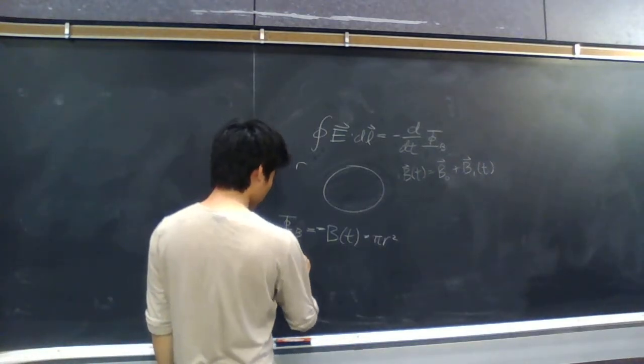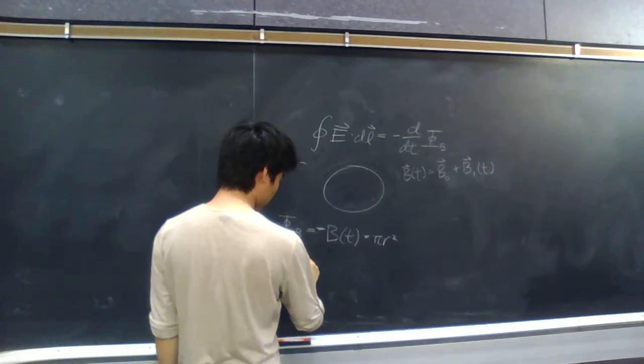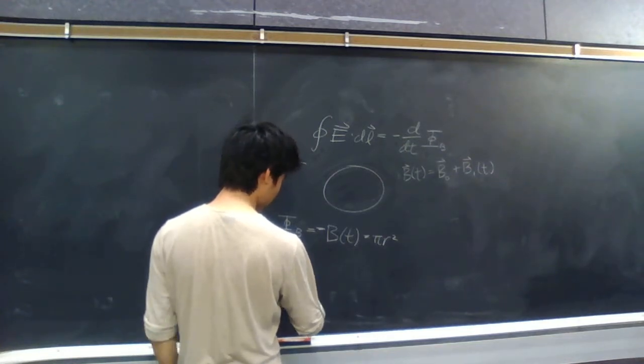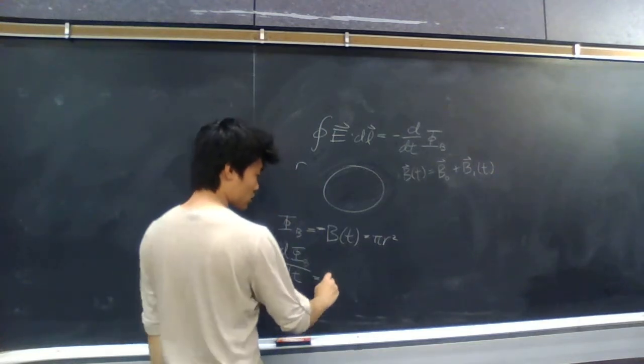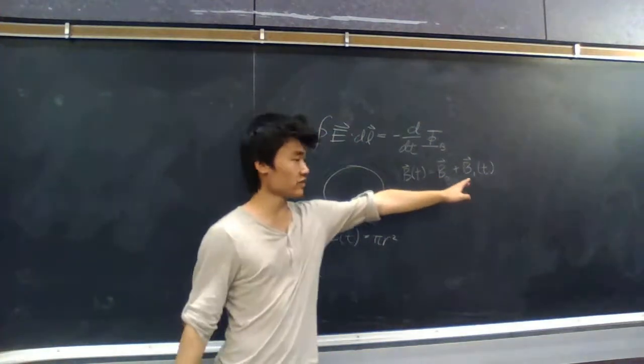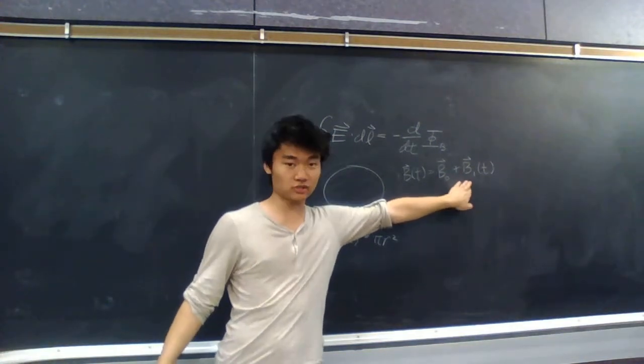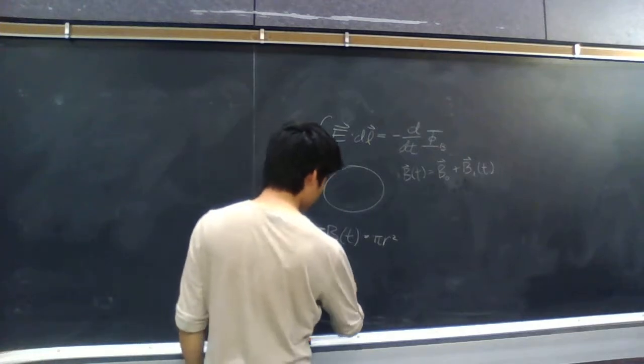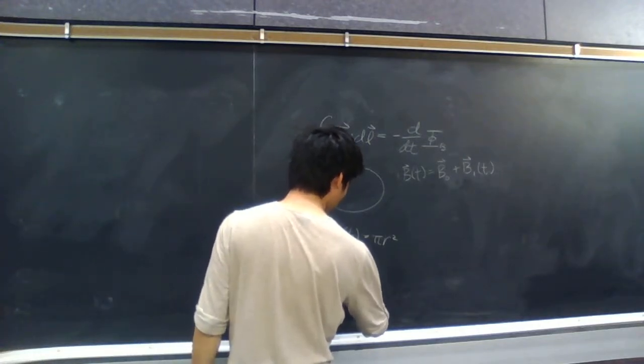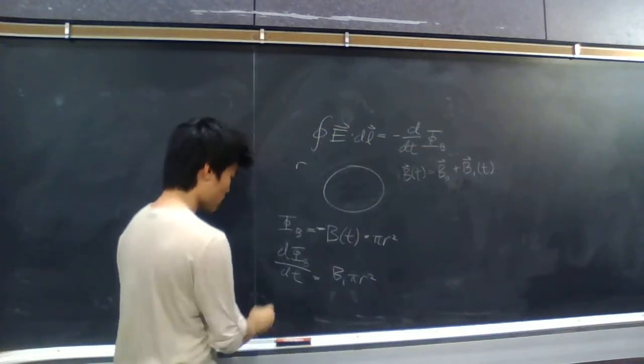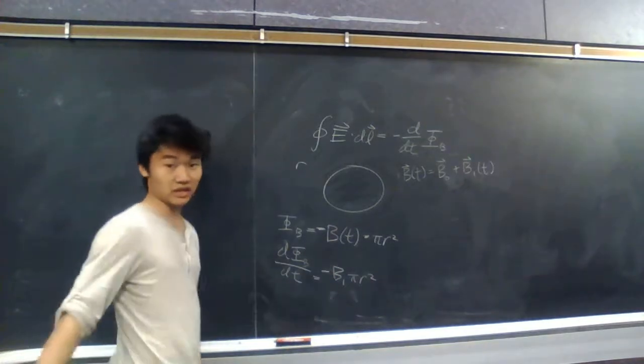Now I need the rate of change of the magnetic flux over time. What's the derivative of this with respect to time? That's just B1 pi r squared. And then there has to be a negative sign.